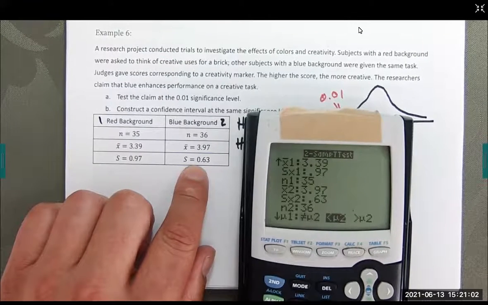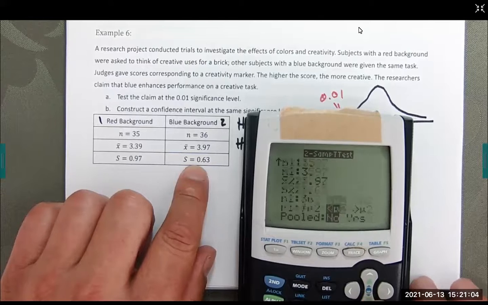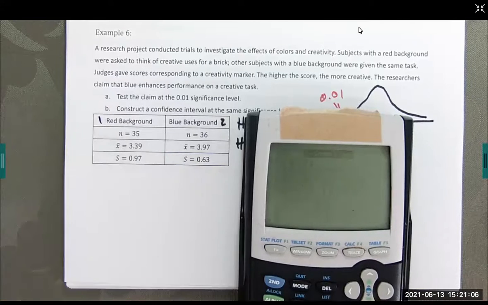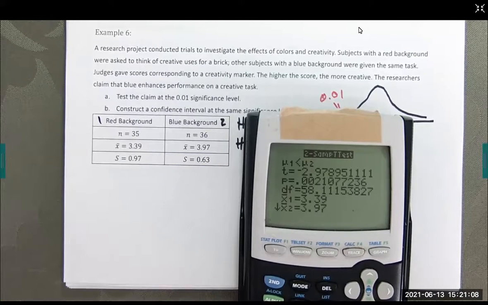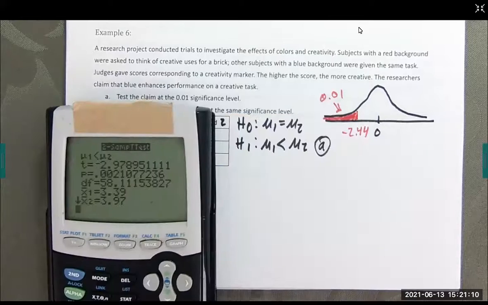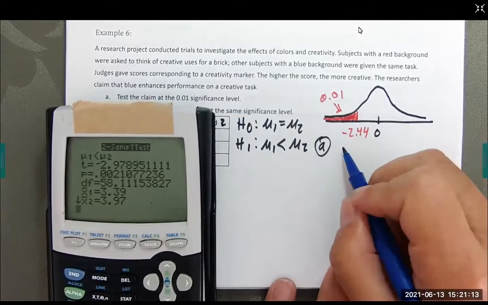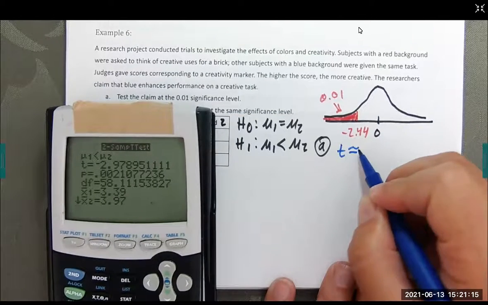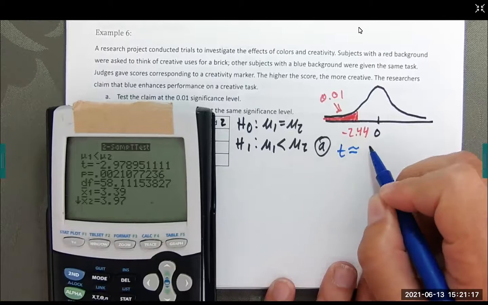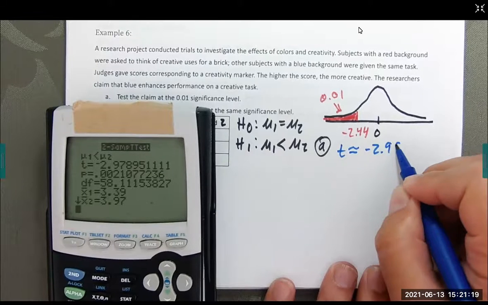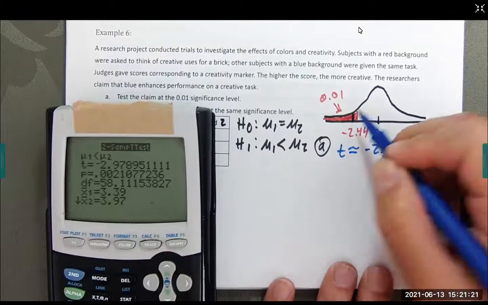This is a less than again, not pooled. And here we go. Here's our test statistic. So T here is -0.98. Ooh, we missed out, which is right there.